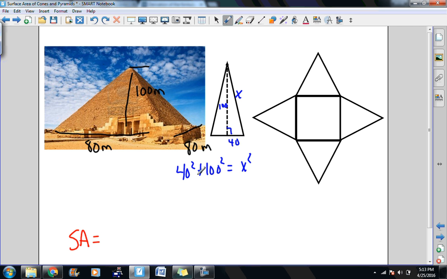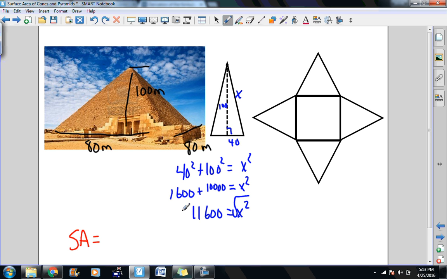So 40 squared is 1,600. 100 squared, well, that is 10,000. That's equal to x squared. So I take those two things and I add them up. So I get 11,600 is equal to x squared.